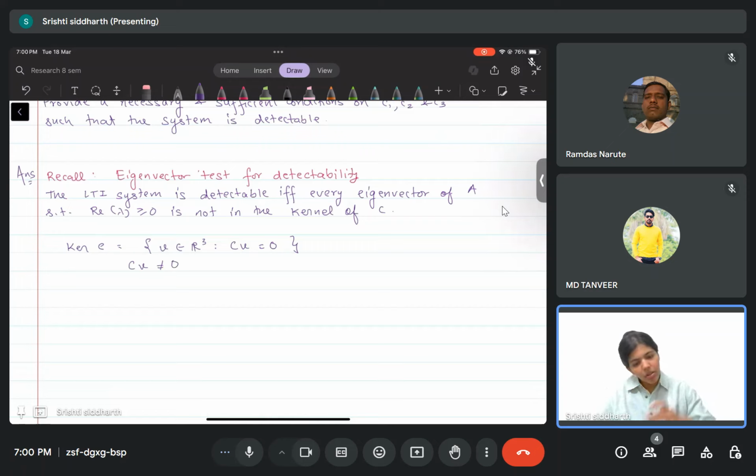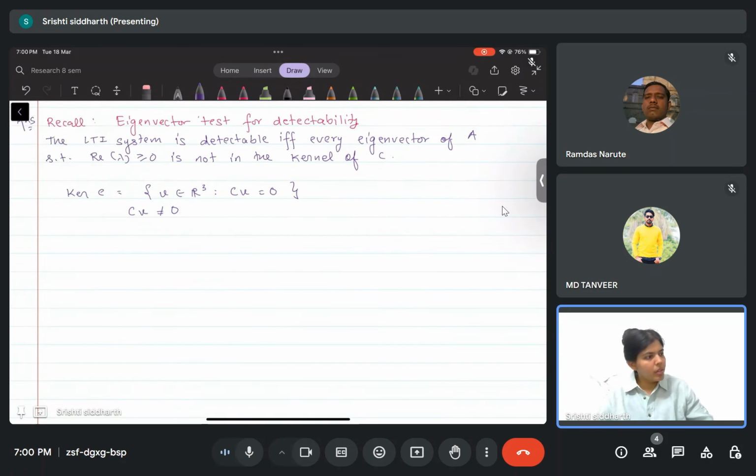Alright. So first we need to determine the eigenvalues of the matrix A and then compute the eigenvectors for all lambda such that their real part is greater than or equal to 0. So let's see. The determinant of A minus lambda I equals 0.